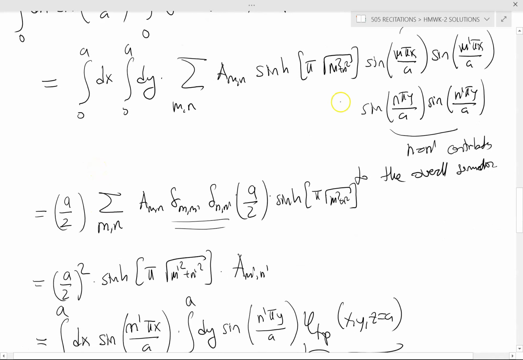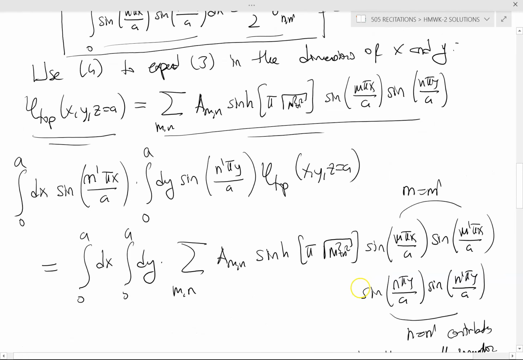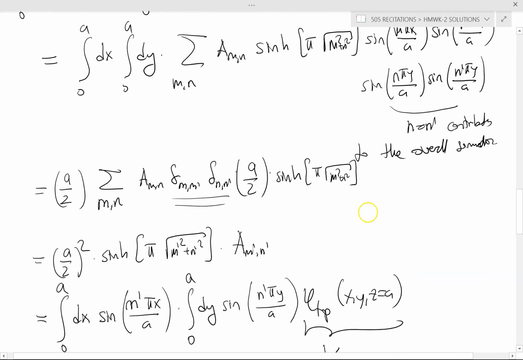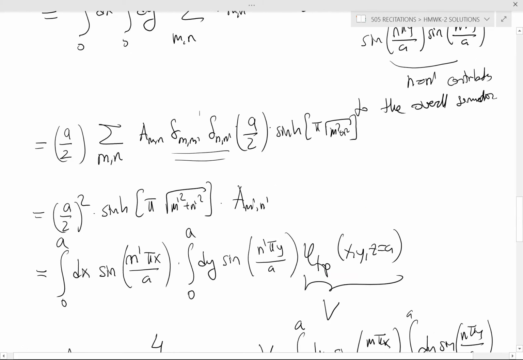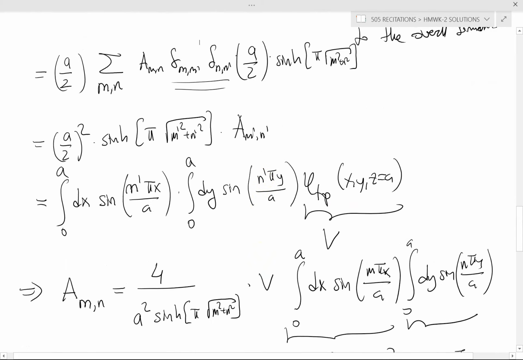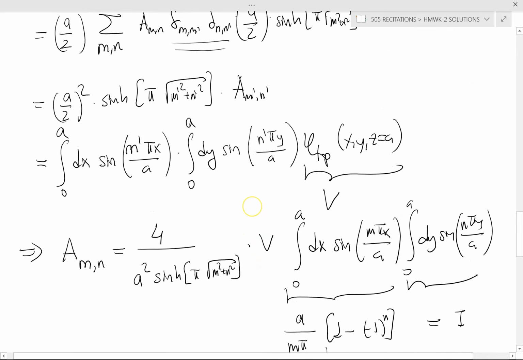And that is the whole idea over here. But while we are doing this process, we need to be careful because the a over 2 constants are coming from the orthogonality condition. So now by taking these out, I end up with a m prime and n prime, but the left side of the integration still remains to be solved.